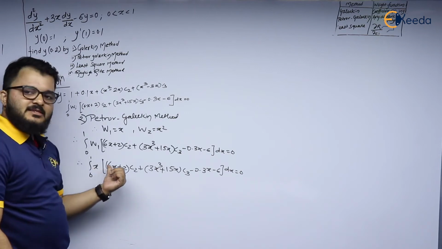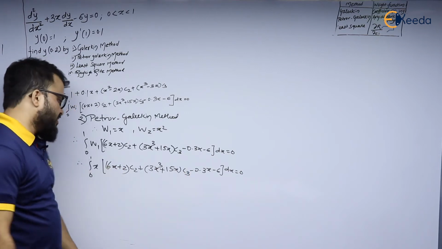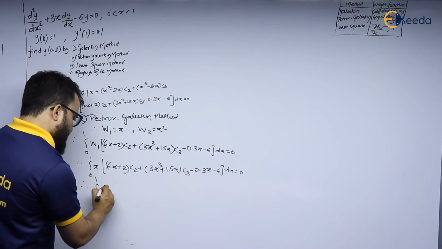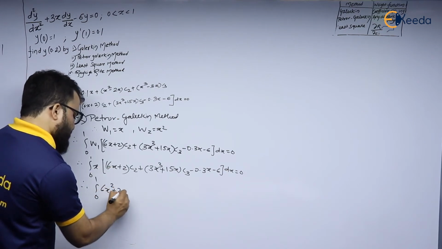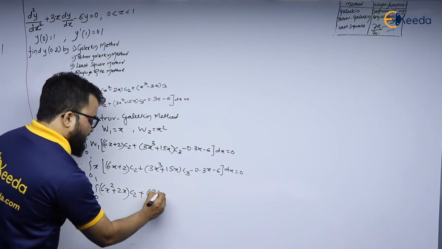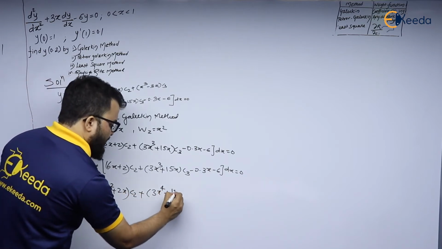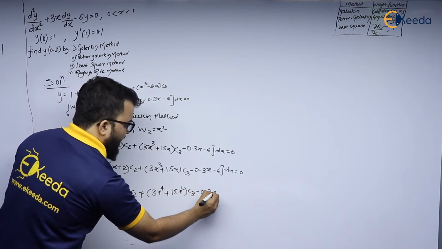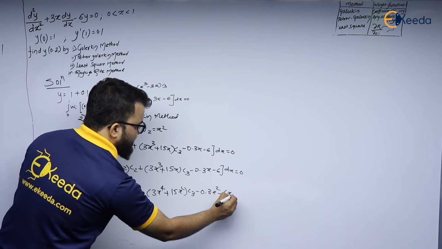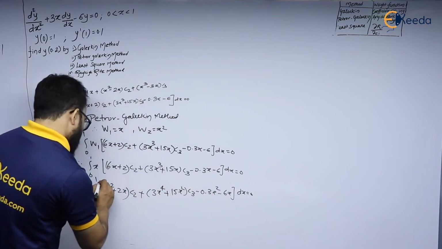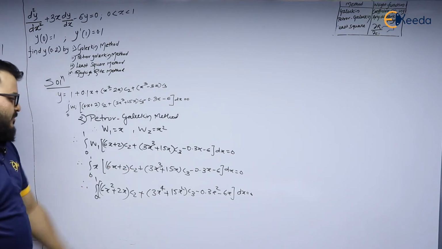Now I will multiply this x throughout the equation. After multiplying, I will get the integral from 0 to 1 of (6x square plus 2x) into C2 plus (3x raised to 4 plus 15x square) into C3 minus 0.3x square minus 6x dx is equal to 0. So this is my bracket multiplication.